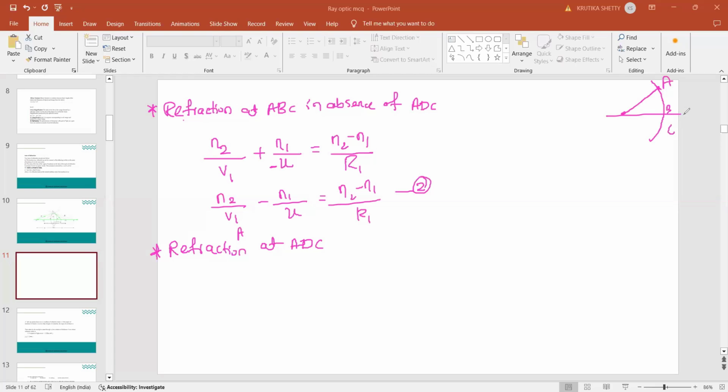And here we have the two rays. Now we are not considering this I1, this is I. So this is your figure, right?